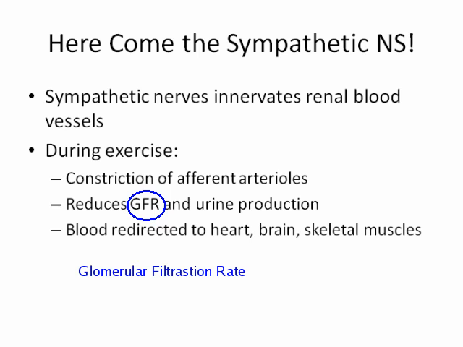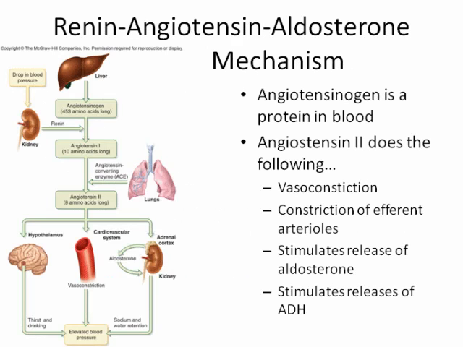Now, there's one last little thing that I do want to touch on, and then we're going to end here today. There is this complex system known as the Renin-Angiotensin-Aldosterone mechanism.